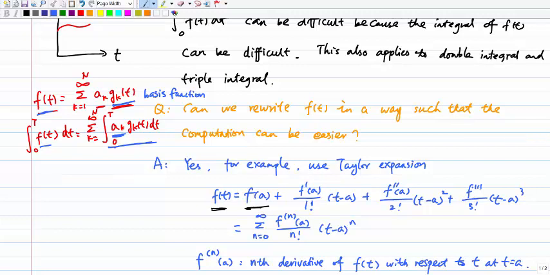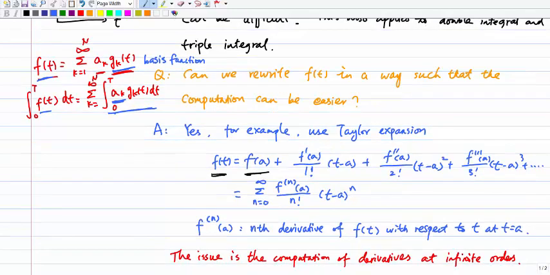The third derivative of f(t) with respect to t at a, divided by 3 factorial, times (t minus a) cubed, and so on and so forth. So the Taylor expansion says you can write f(t) as a summation for n from 0 to infinity of this whole piece.